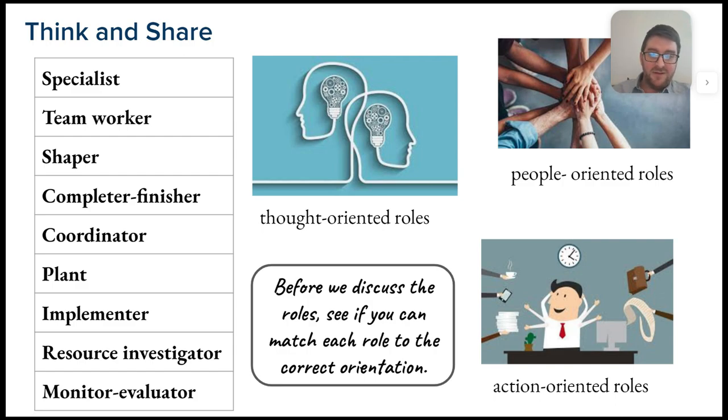Before we discuss them, pause the video, try to match them up. You could write this down or you could just try and do it in your head. There are 3 roles for each category. So 3 thought-oriented roles, 3 people-oriented roles, and 3 action-oriented roles. See if you can match them up successfully.